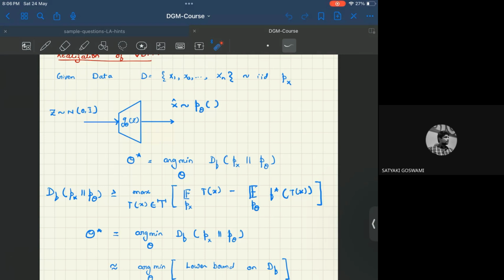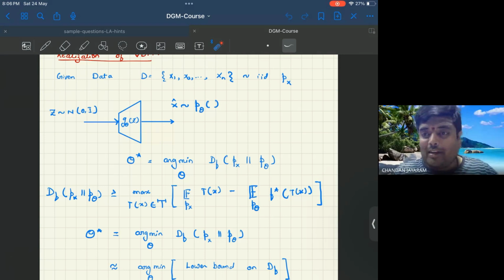Unless you are very clear with the difference between supremum and maximum, for all practical purposes it is the same for us.